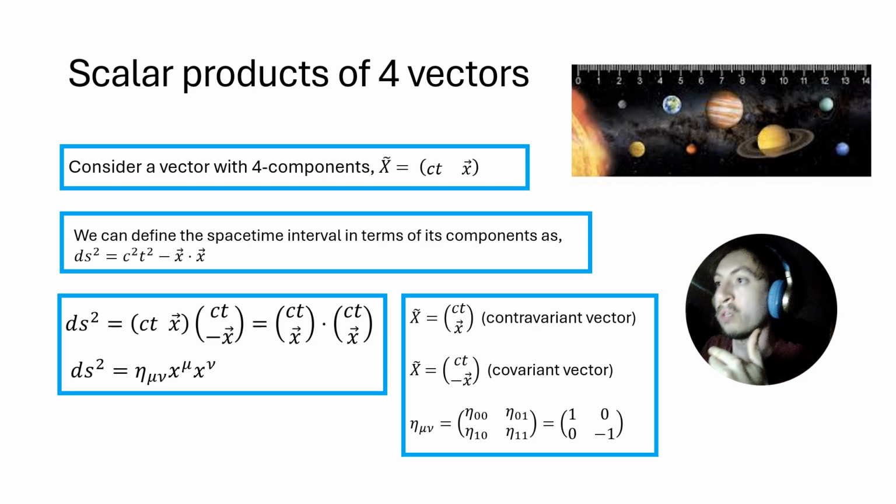essentially your contravariant vector doesn't have any minus signs. Your covariant vector does. Now they're like two different types of the same vector. The contravariant vector is your actual, in this case, vector called 4-position.